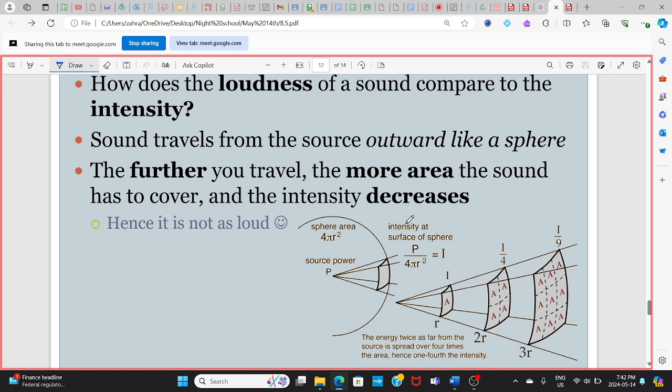So the sphere gets bigger and bigger, and the area it needs to cover becomes bigger and bigger. Therefore the intensity decreases because the denominator becomes bigger and bigger. We still have the same power, and this power needs to be distributed over the bigger area. So the intensity will decrease as R increases.